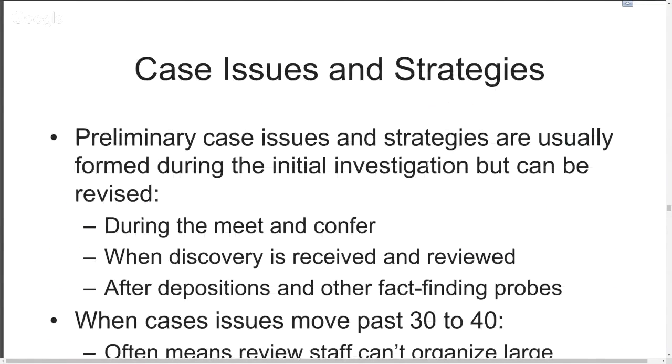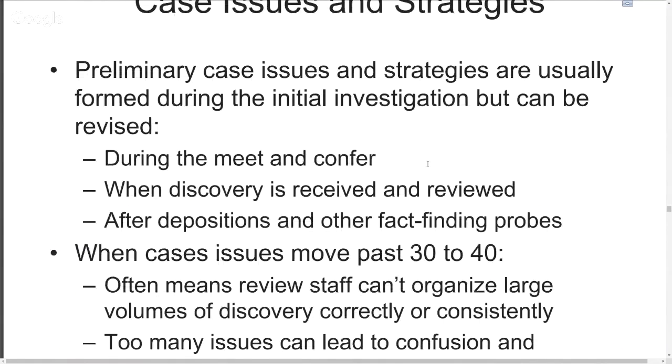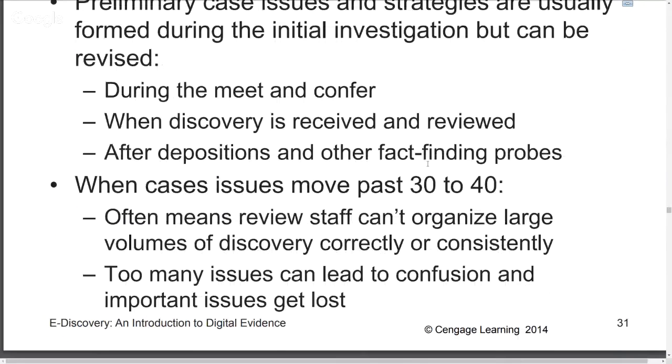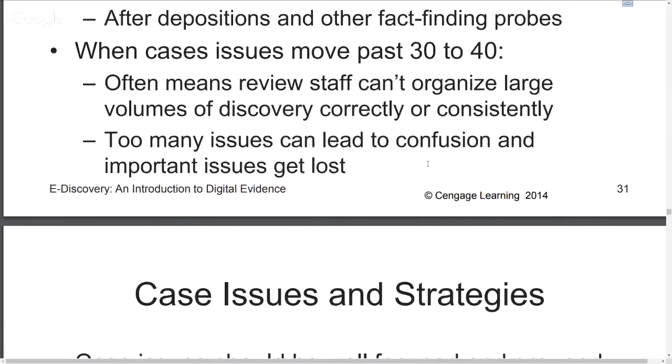Preliminary case issues and strategies are usually formed during the initial investigation, but can be revised during the meet and confer, when discovery is received and reviewed, and after depositions and other fact-finding probes. When case issues move past 30 to 40, it often means review staff can't organize large volumes correctly.